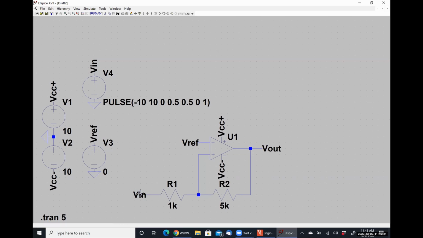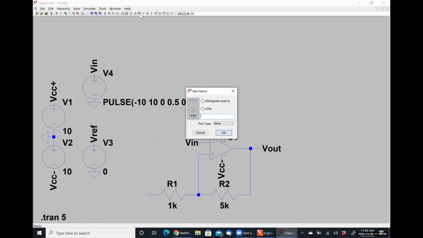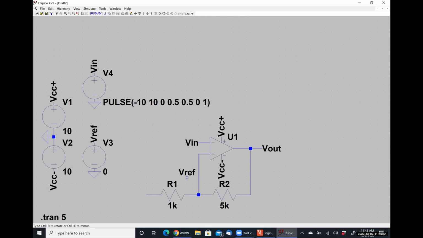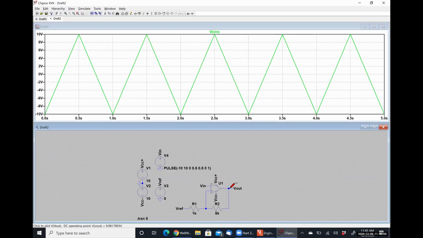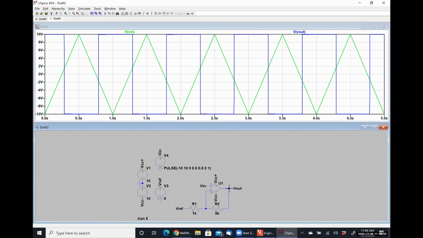So all I got to do, delete, move this out of the way. Vin versus V out.